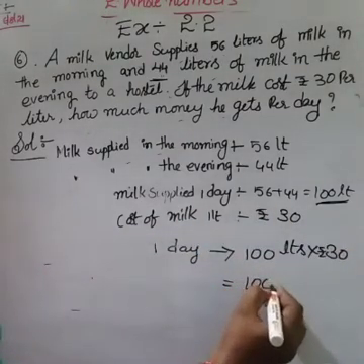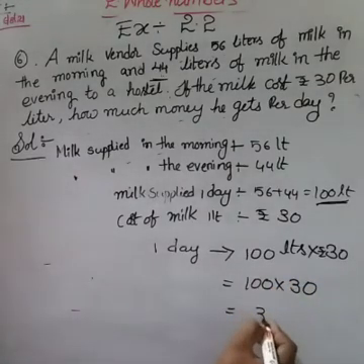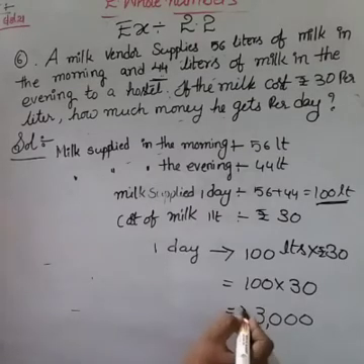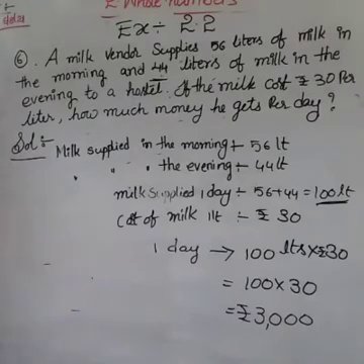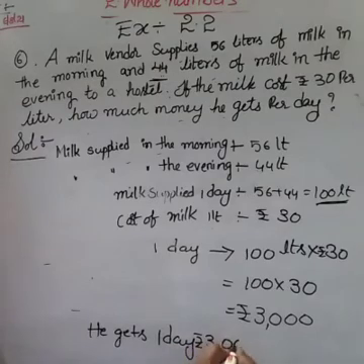Okay, 100 into 30. 3 ones are 3, 300. 2 zeros, 1 zero, 3,000. So in one day he earned 3,000 rupees, the cost of 100 liters of milk. How much money did the milk vendor earn? 3,000 rupees.